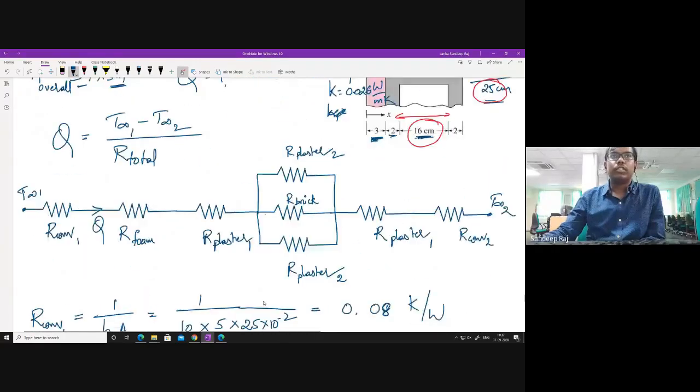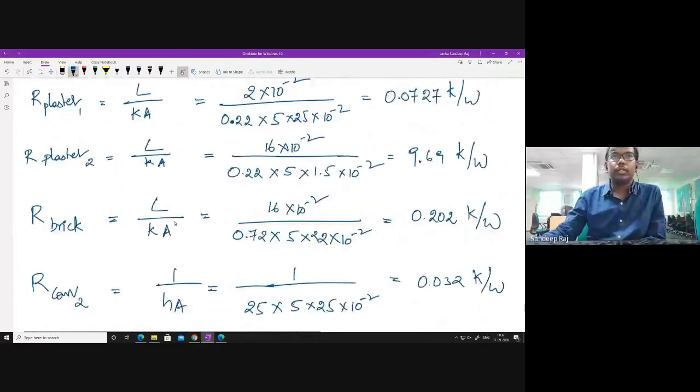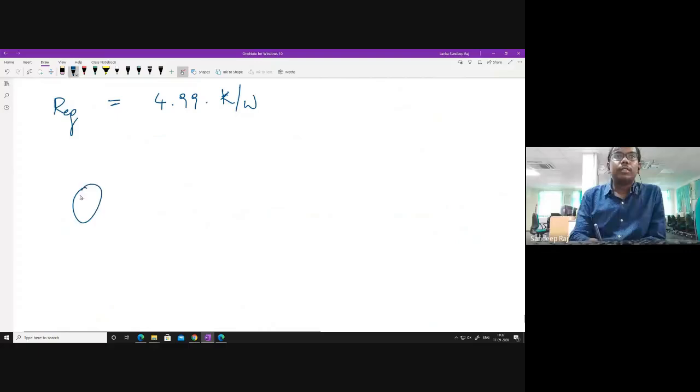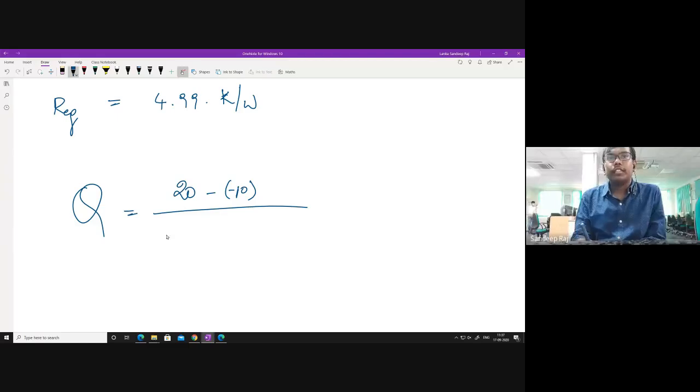What you have to do next is Q is equal to T1, 20 minus 10, by the R total. You have to take the sum of all the resistances.